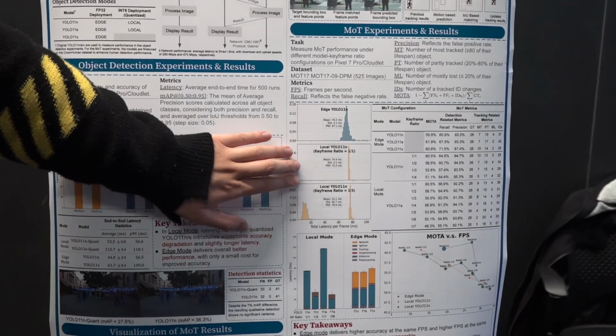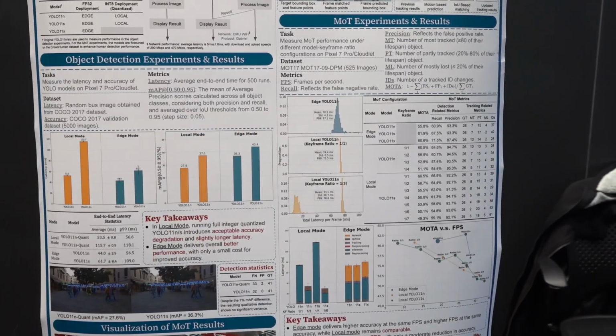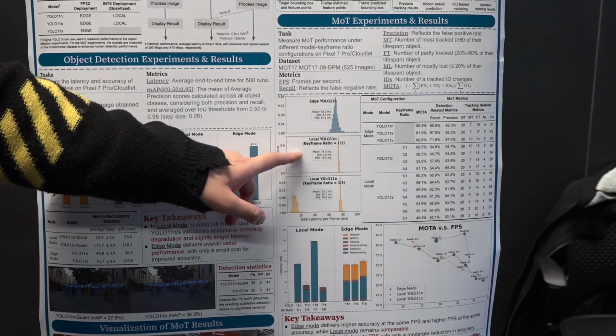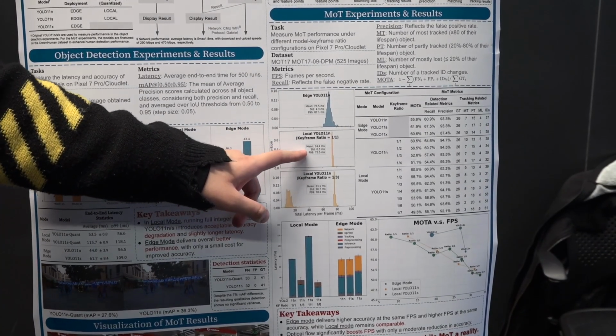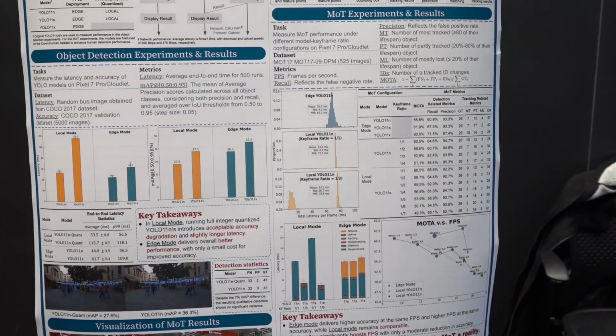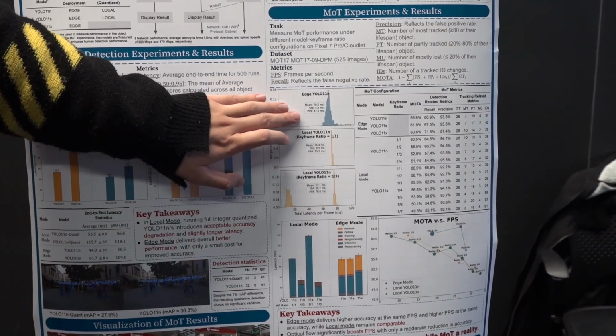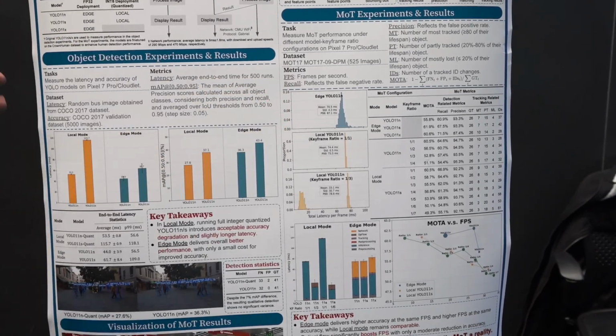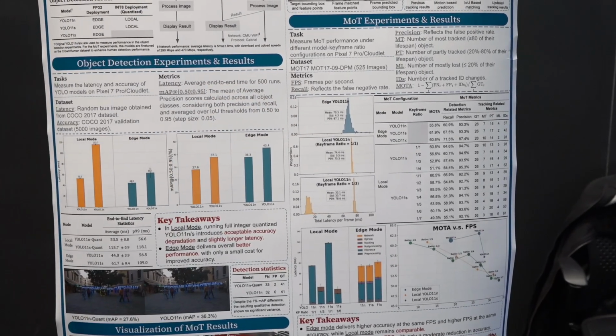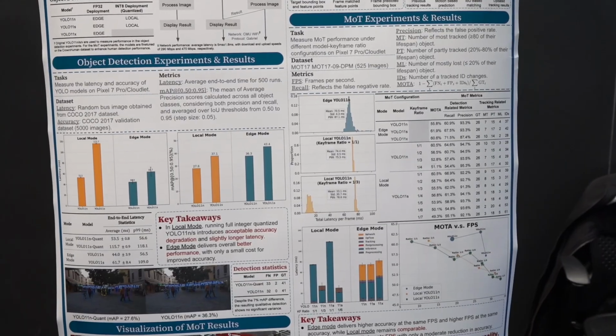For the local mode, if the keyframe ratio is set to 1/1, the mean is slightly larger than before. It is 74.4 milliseconds, and the standard deviation is 0.5 milliseconds. The reason for the large standard deviation in H mode is that we depend on the network, but the network is mostly unstable, so the standard deviation is larger.